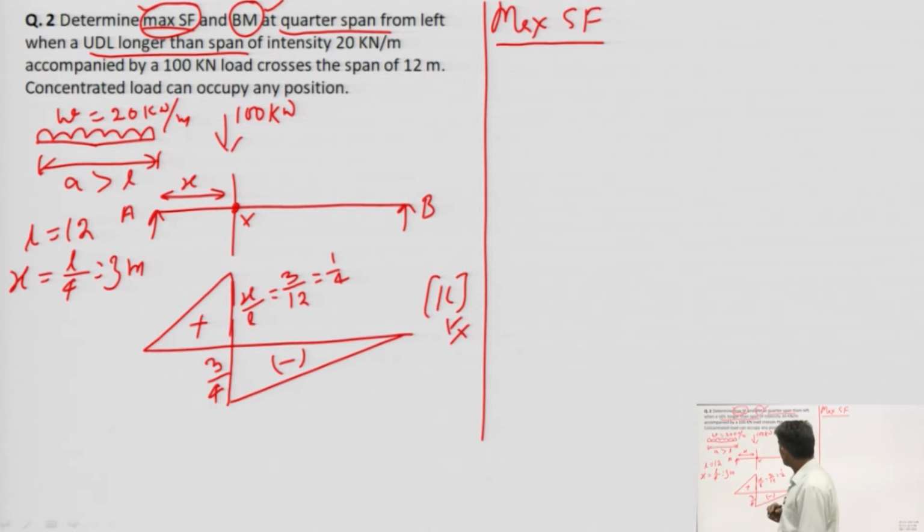The next step is to find the position of the load so that we can have the maximum values. Look here, this is the positive side of the shear force diagram, and this is the negative side.